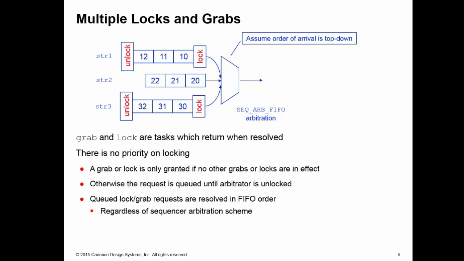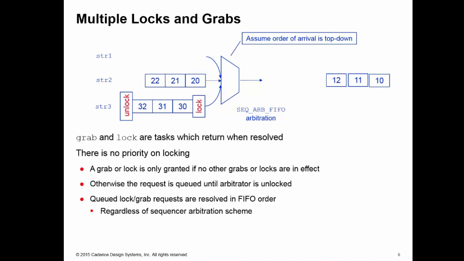So again, we have seq arb FIFO here for my sequencer. It executes items in the order of arrival. I assume the order of arrival is top down. Okay, so first of all I execute the lock of stream 1. This immediately grabs access to the sequencer and executes the whole of the stream 1 sequence until stream 1 is unlocked.